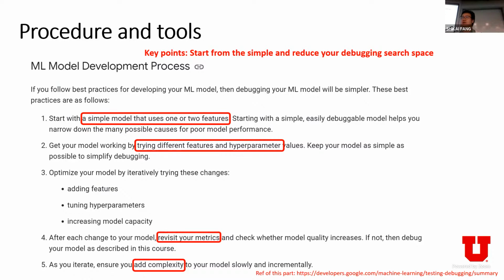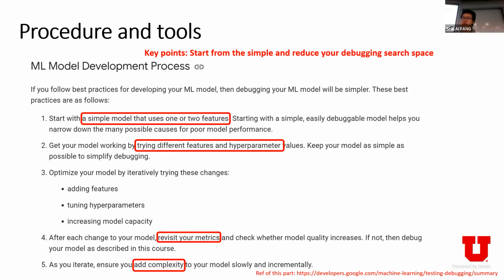And if you start to handle a neural network with deep learning, you'd better start from a very simple neural network, maybe with just one hidden layer, and make the number of neurons in the network very few, rather than a complex neural network or a decision tree with a very complex policy.